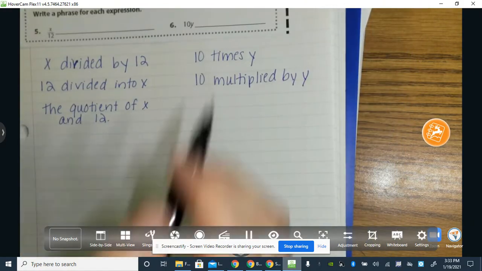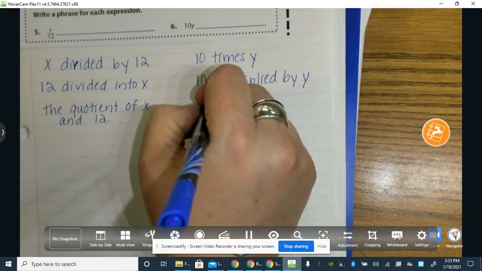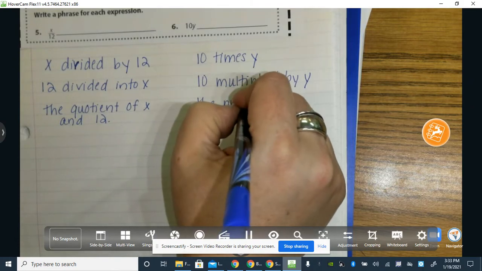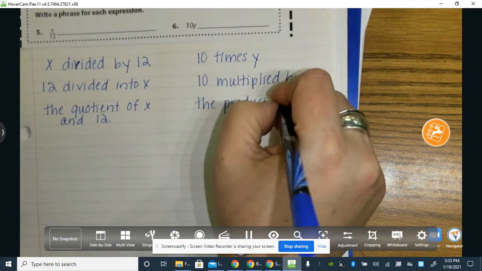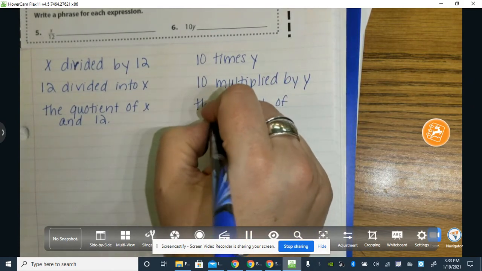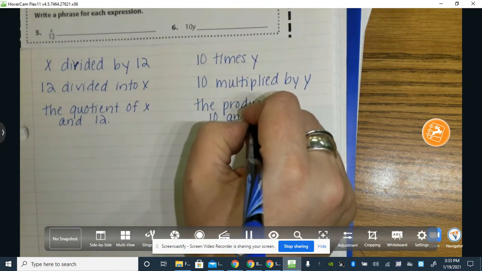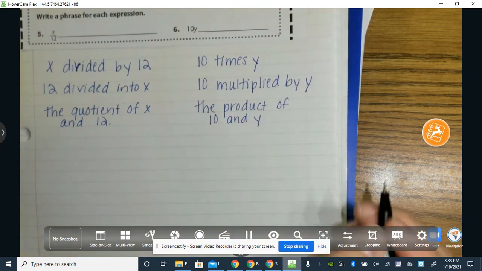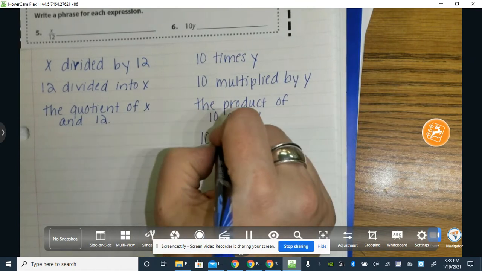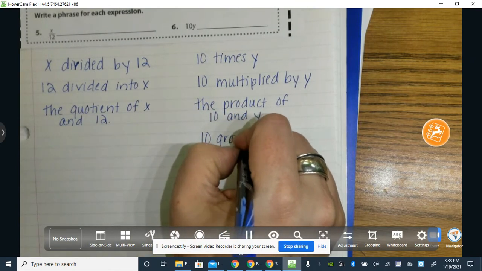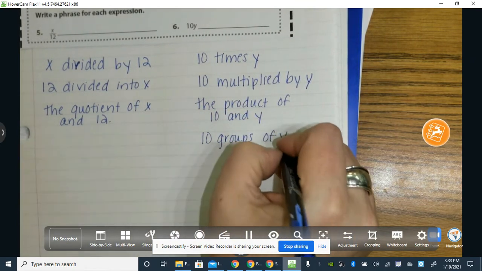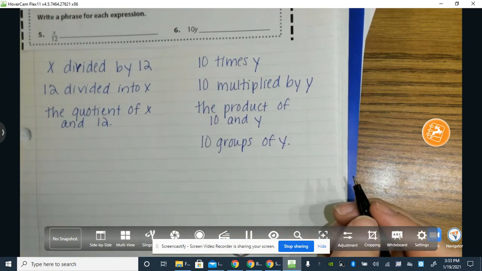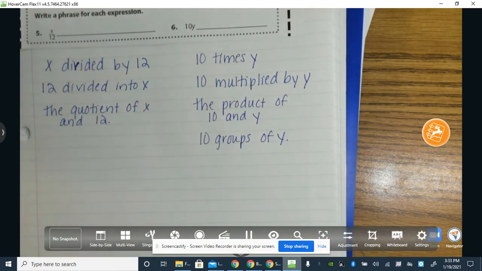We can say the product of 10 and y. And finally, we can say 10 groups of y. So those are 4 different ways we can show this.